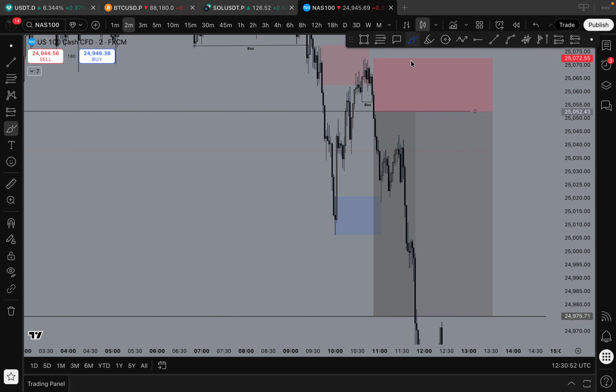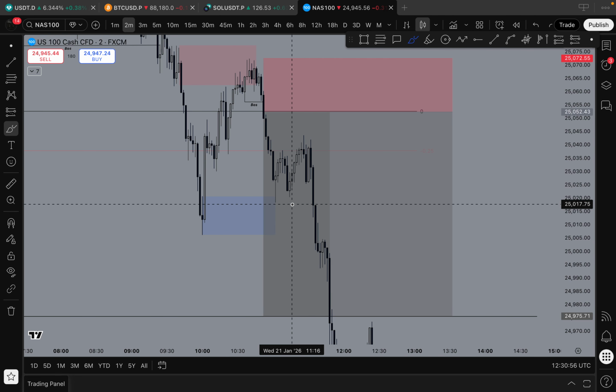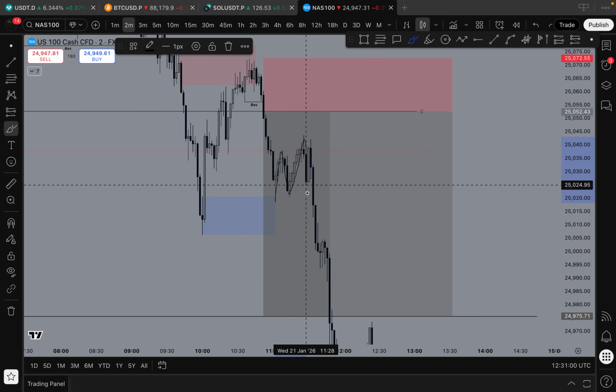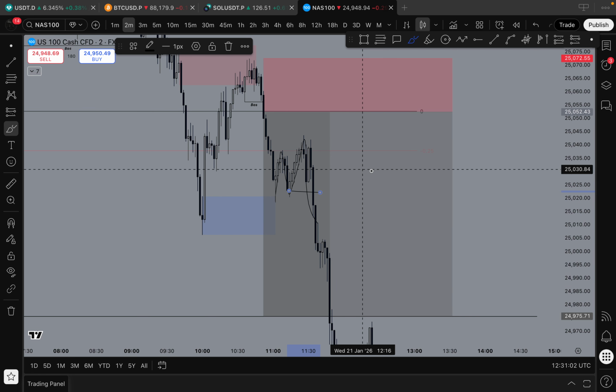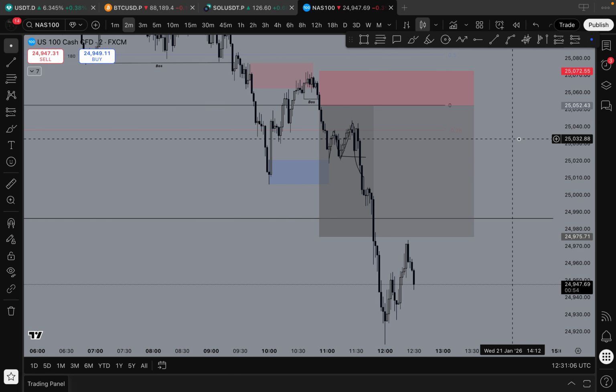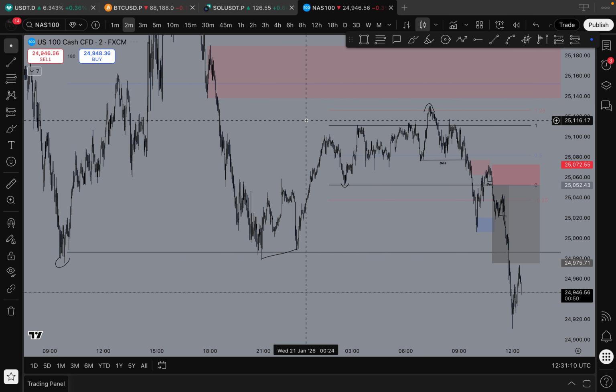Now you see the price came into demand, bounced from it, even here gave high, higher low, higher high, break of structure before price moved to the range low. So this was a 3.8R, also a nice win.